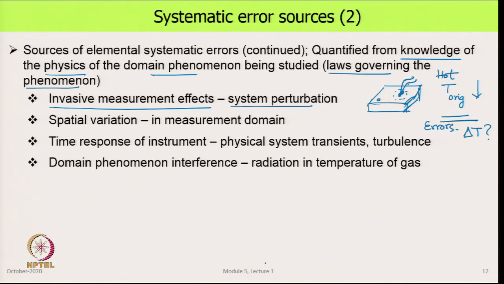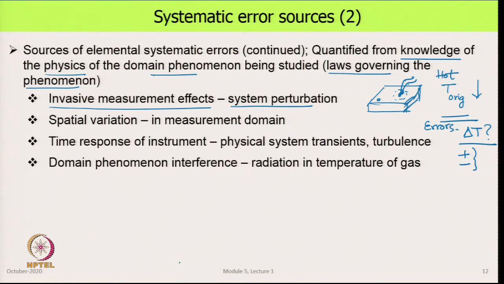And that can say that look, we introduced this much error because of this invasive effect, and as we see here, it could be either positive or negative, but not both. It is not a random error, it causes error in one direction only. So, that is one example.